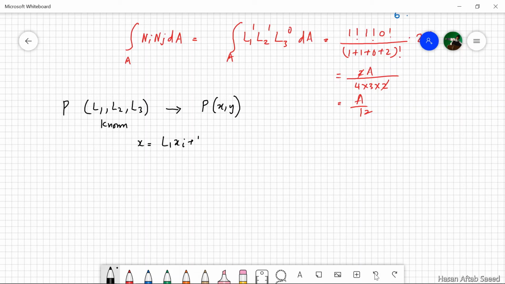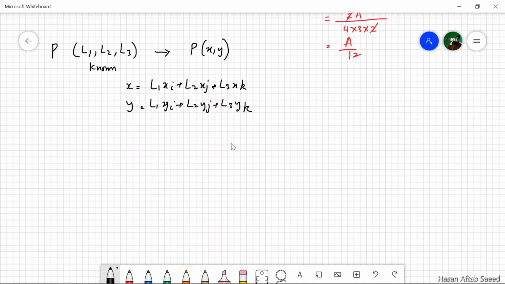L1 xi plus L2 xj plus L3 xk. Similarly, y coordinate L1 yi plus L2 yj plus L3 yk. Let's do a problem demonstrating this process.